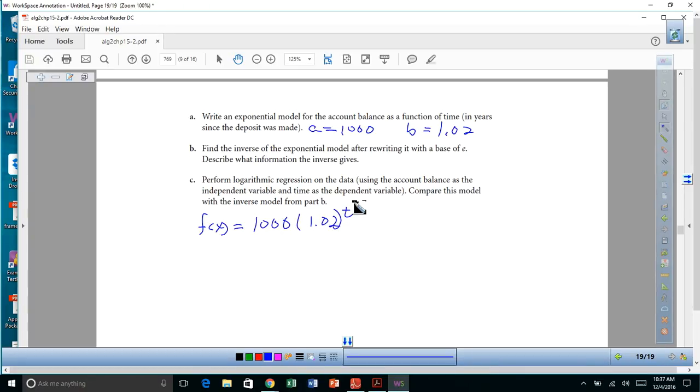Now we want to find the inverse of the exponential model after rewriting it with the base e. So we have e to the c equals 1.02.